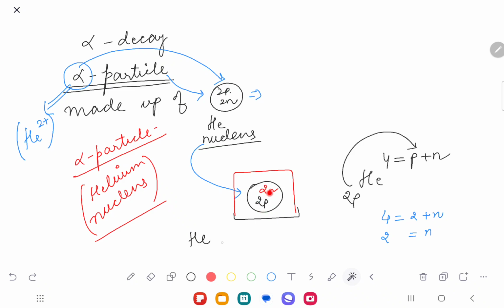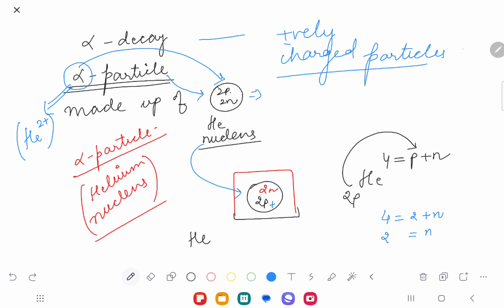Neutrons carry no charge, so protons carry positive charge. That means alpha particles are nothing but positively charged particles. Are you understanding? So that's the charge.